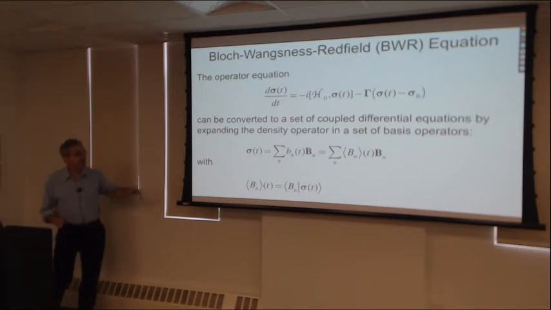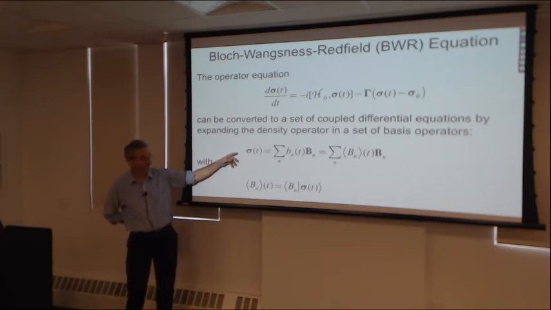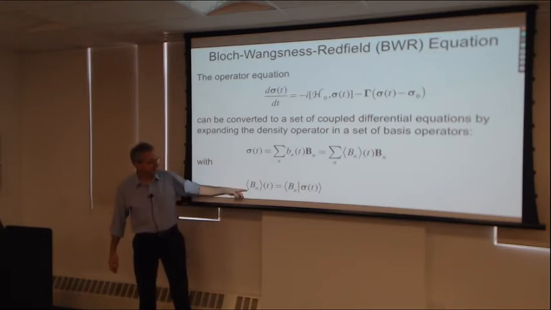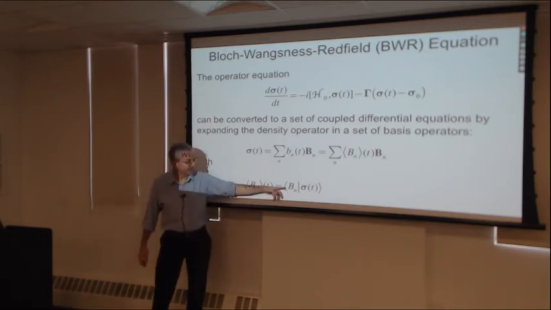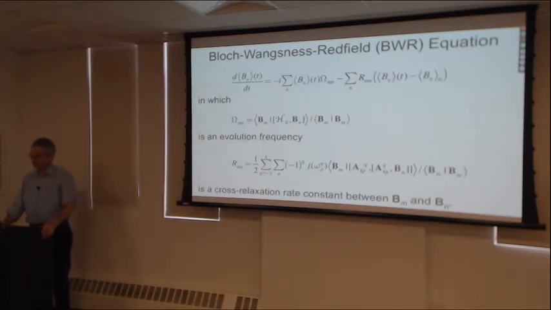And then I said very quickly, as always, we can expand the density operator in terms of basis operators, in which the coefficients are given by this trace operation. That goes back to one of the early lectures.